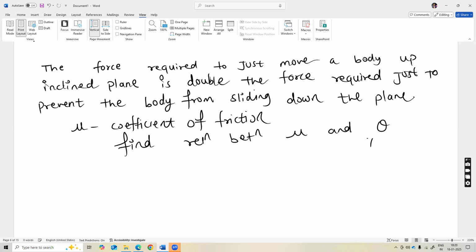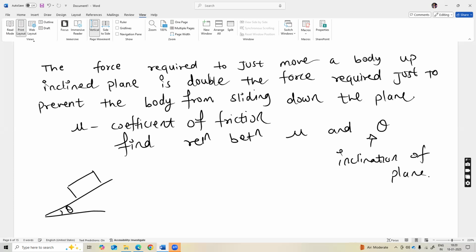Theta is the inclination of the plane. Let's say you have some inclined plane which is making angle theta with the horizontal. There is a body of mass m kg here. If you want to push it upward, you need a force of 2F to just push it upward.